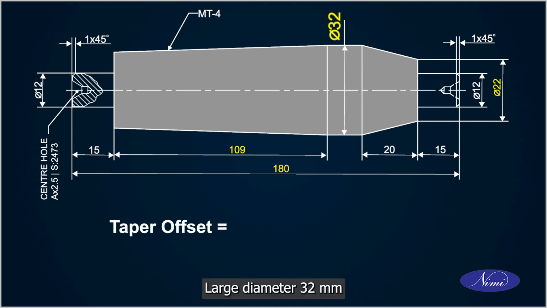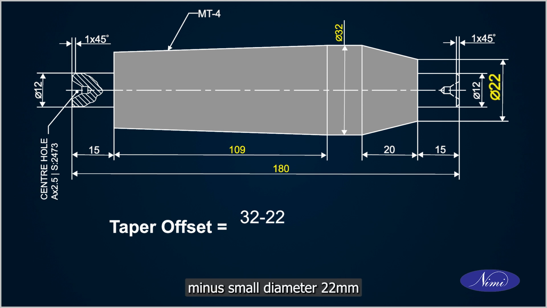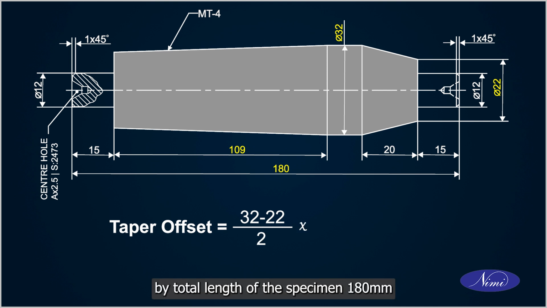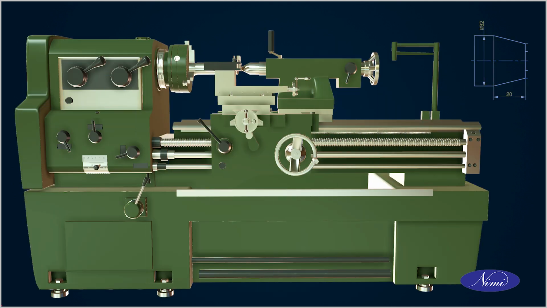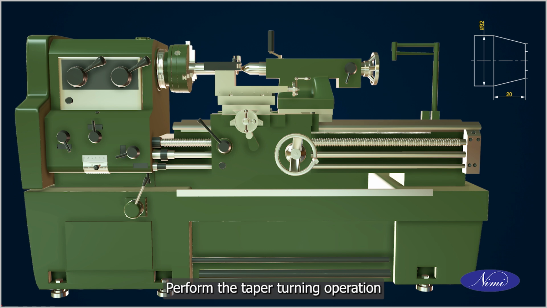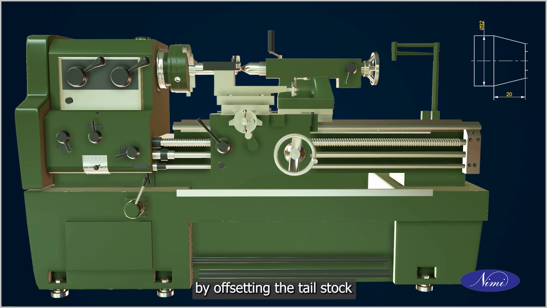Large diameter 32 mm minus small diameter 22 mm, divided by 2, multiplied by total length of the specimen 180 mm, divided by length of the taper 109 mm. The tailstock must be offset by 8.25 mm. Perform the taper turning operation by offsetting the tailstock.